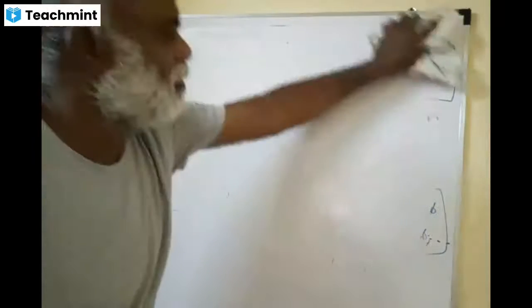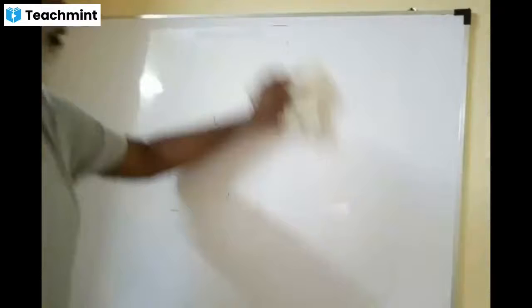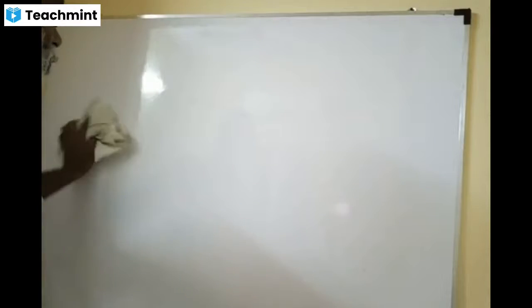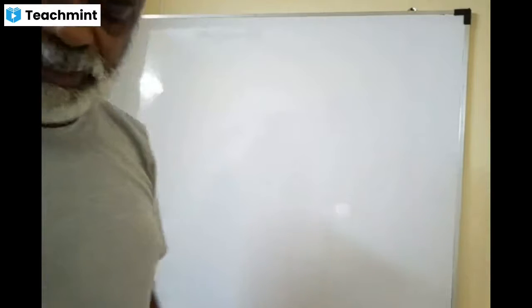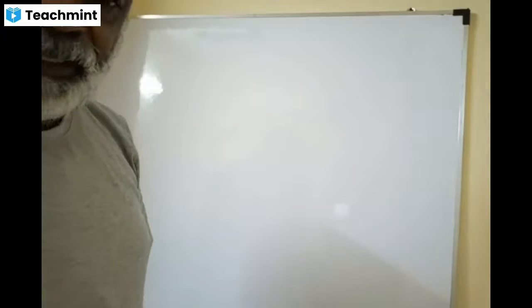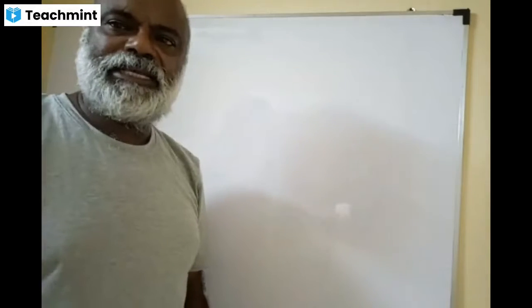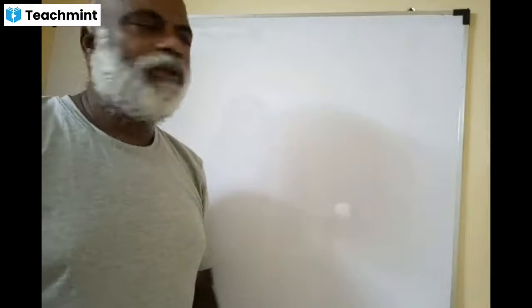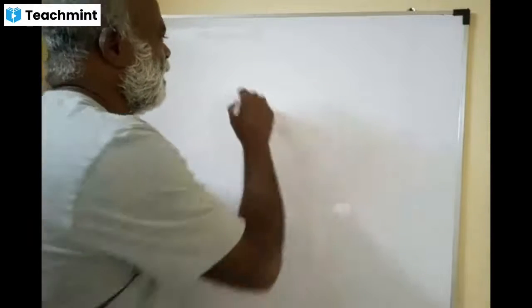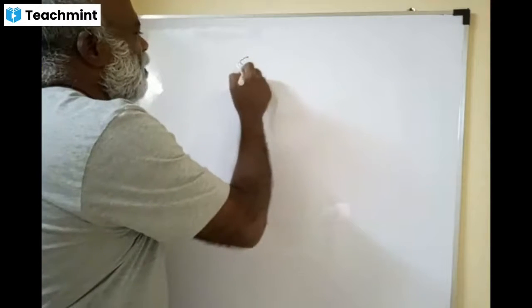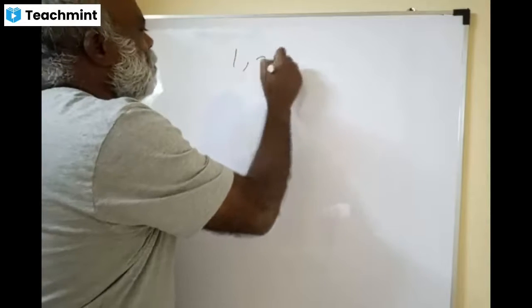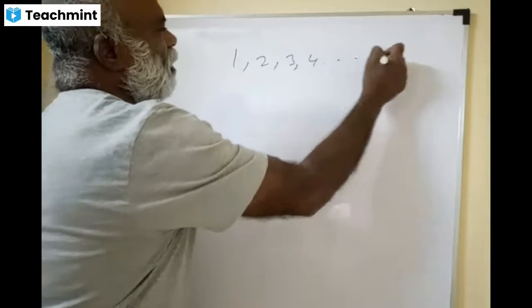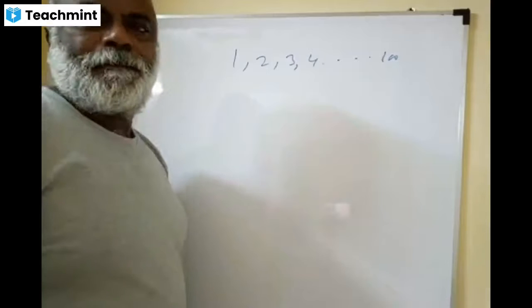Sum of n terms. They tell a beautiful story on the sum of n terms, a story about a scientist. I don't know what his name is. Maybe he must be Einstein, I think, or Newton. One of them, a famous scientist. See, the teacher gave the numbers like this, 1, 2, 3, 4 up to 100.